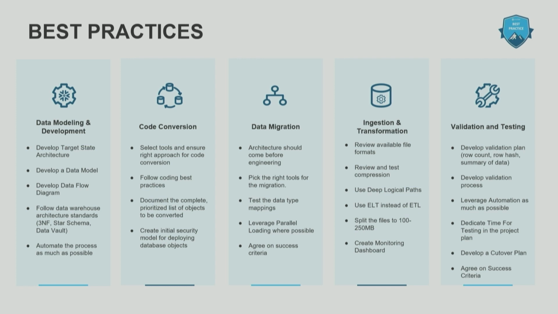And when we analyzed the data, we found that if they switch the data file size, they would be parallelizing the load and saving a lot of money. So we highly recommend you set your data file size between 100 to 250 MB. Also, provide monitoring dashboards for your ingestion, for your security and governance. We highly recommend you use those dashboards.